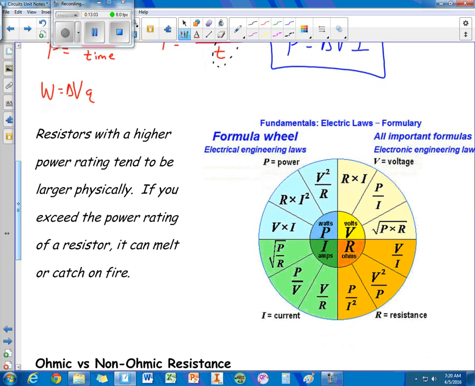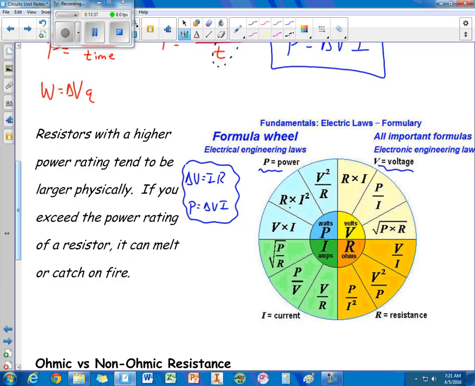Okay, so using Ohm's law, delta V equals IR, and using power, delta V times I, we can algebraically put these two equations together and solve for any one of these 4 electrical properties. So notice for power then, I have 3 equations: V times I, R times I squared, V squared over R, and that's just substituting V equals IR into the power equation.